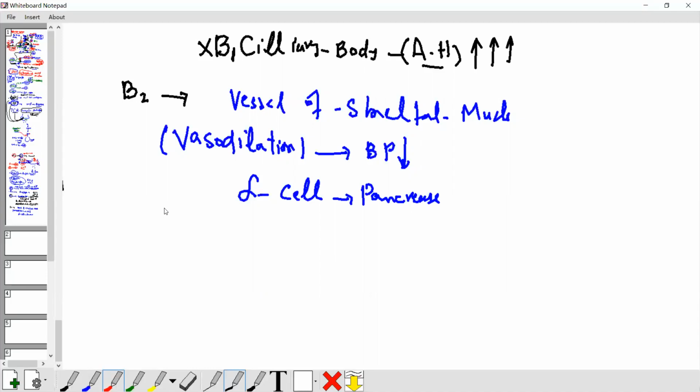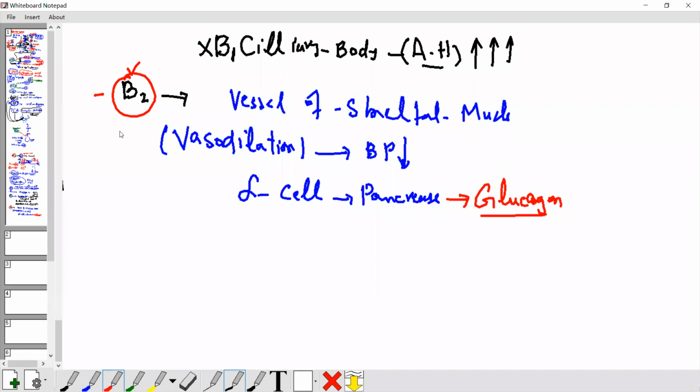Opposite. So what does the alpha cell produce? Glucagon. So if you stimulate the alpha cell, by using which receptor? Beta 2 receptor.